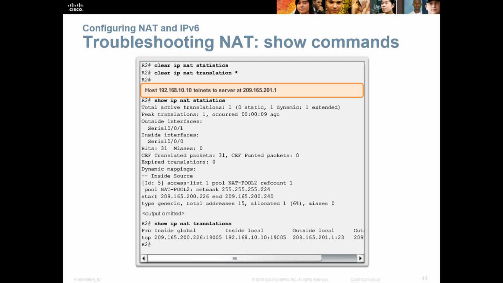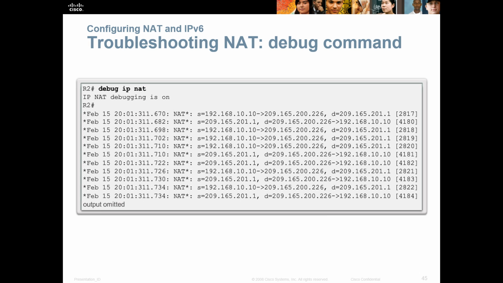Or if we want to look at the statistics, we could be looking at just the statistics. If we need to clear the stats, we'll do a clear ip nat statistics. We could also do a debug ip nat, and that will show you the specific source and destination, the specific mapping of addresses.